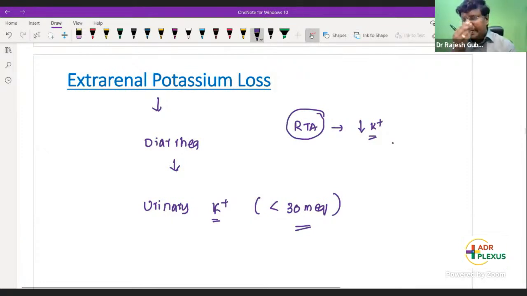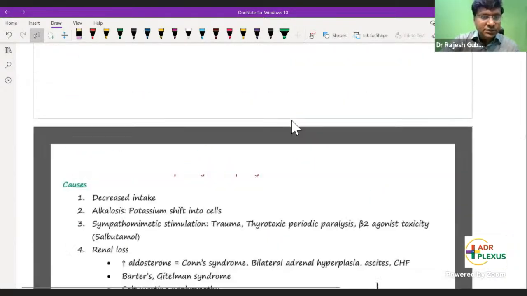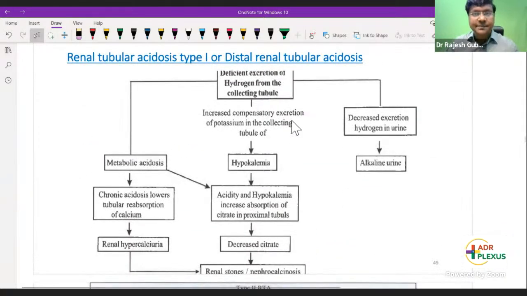Now, I hope I need not explain, but anyway, I'll just give you a quick recap. Type 1 renal tubular acidosis, the pathology is at the level of the distal renal tubule, which is also called distal renal tubular acidosis.